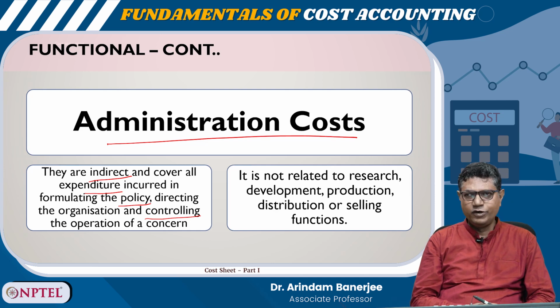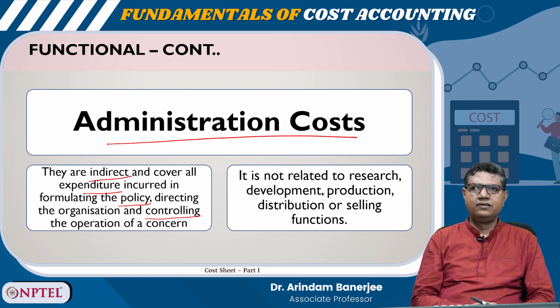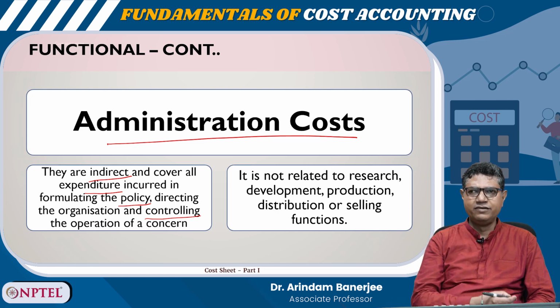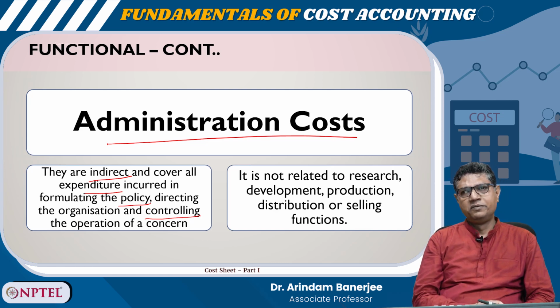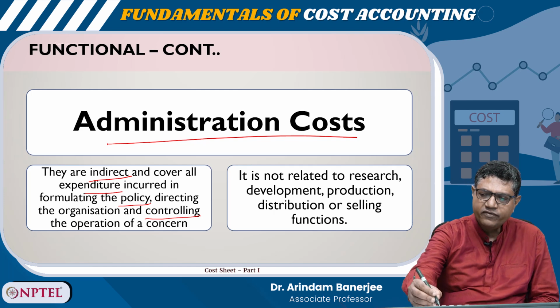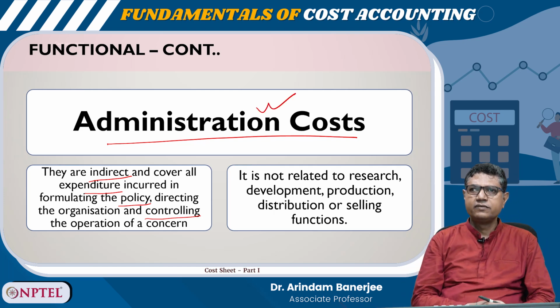There are people working there who are paid salaries, and there are other costs. The expenses made for paying salaries to the employees in the finance and accounts division are an example of administration cost.